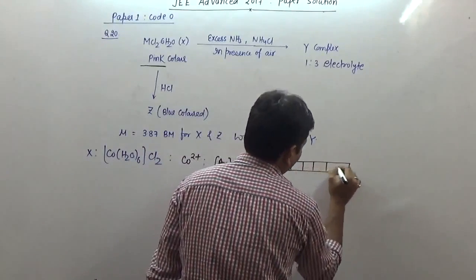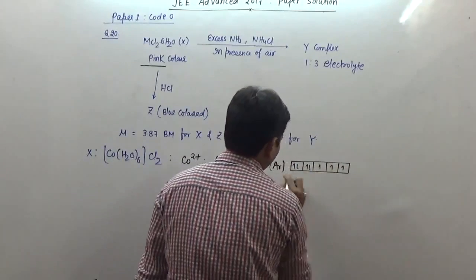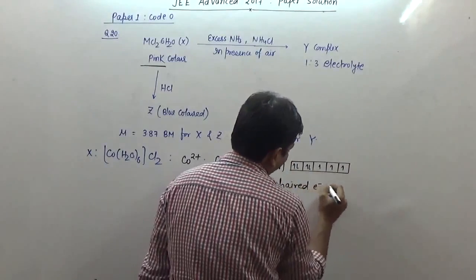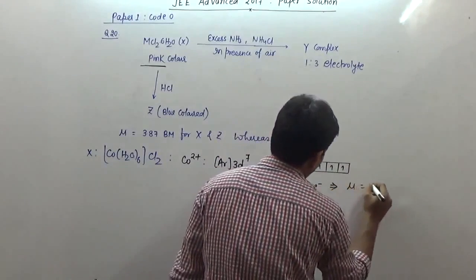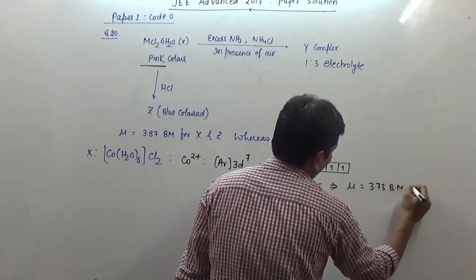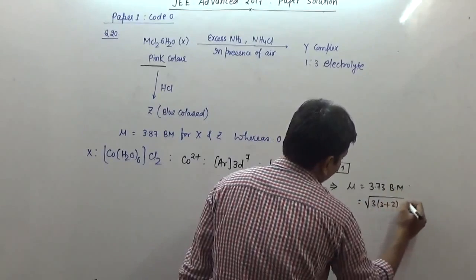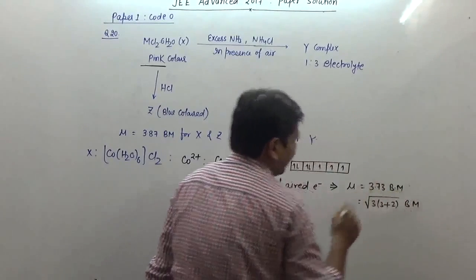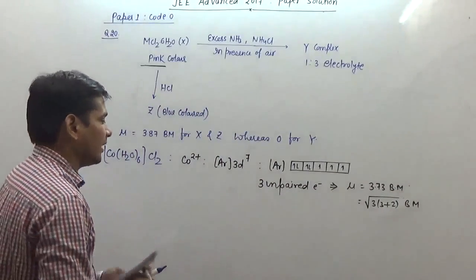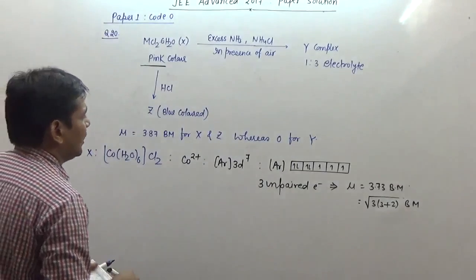So we have this arrangement of electrons, with 3 unpaired electrons. This implies that the magnetic moment will be 3.73 Bohr magneton, using the formula under root 3 into 3 plus 2 Bohr magneton. You know that the magnetic moment formula is under root n into n plus 2 Bohr magneton. So we have mu for X as this.